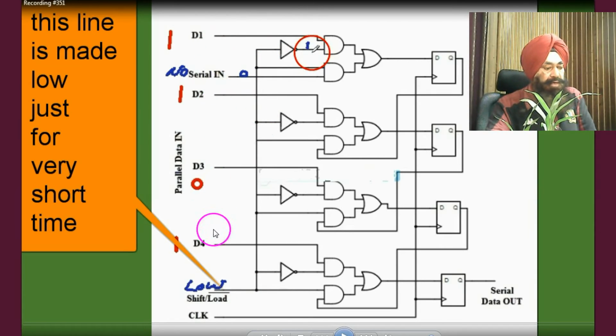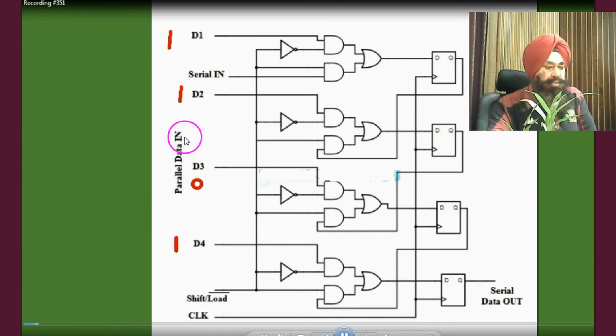Then whatever the data here will be shifted to these places only when this line is low. Then by activating the clock, the data which appears here is shifted in the downward direction when the clock pulse arrives.